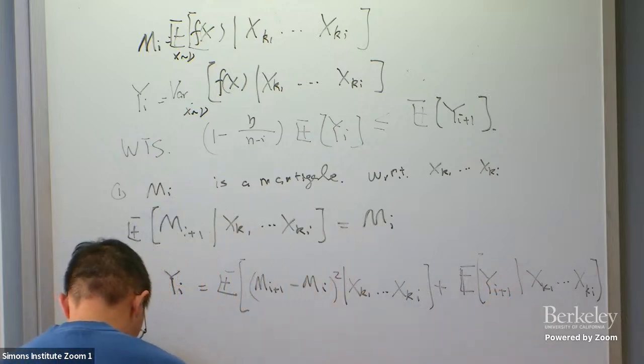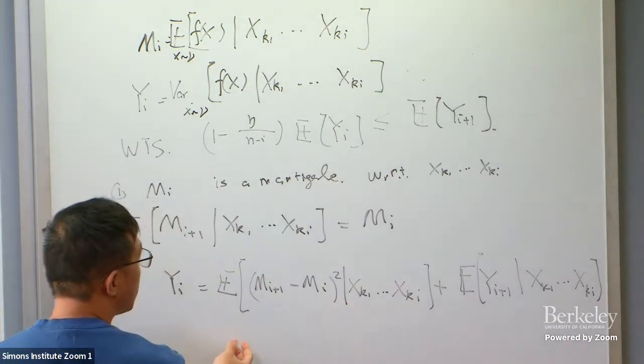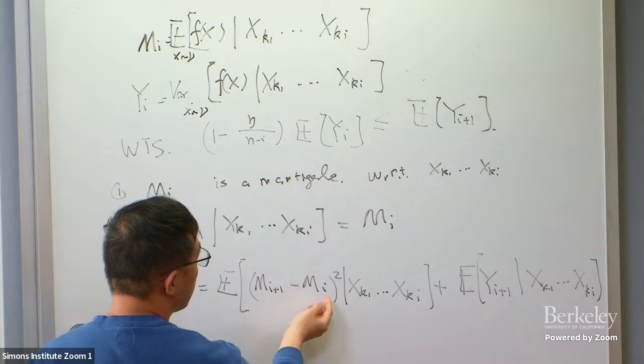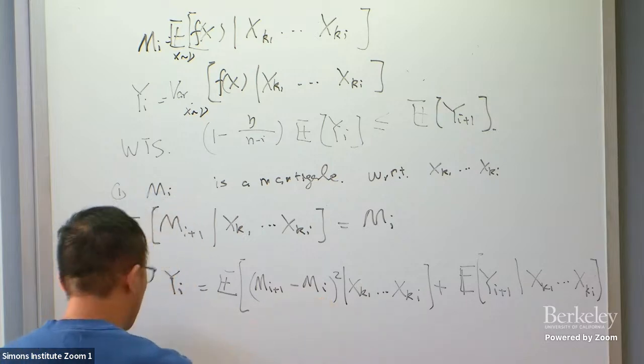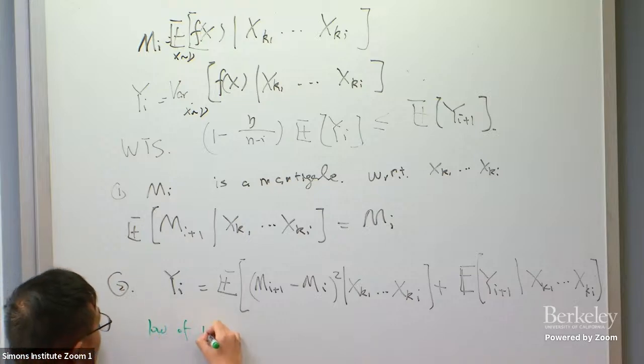This looks scary because of all the k1 to ki, but you actually just need to analyze this at the level from i to i plus 1, and then think about the law of total probability.